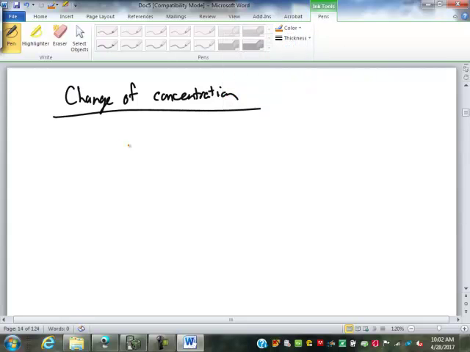Our change of concentration, remember, was concentration 1 times volume 1 equals concentration 2 times volume 2. If the concentration is reduced, the volume has to be increased in a related amount.